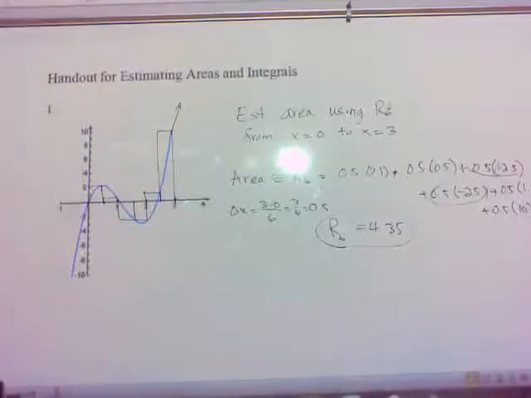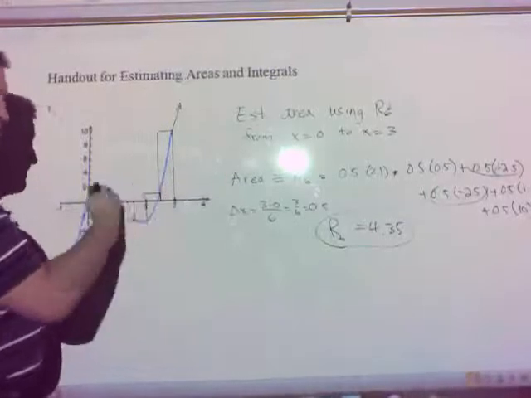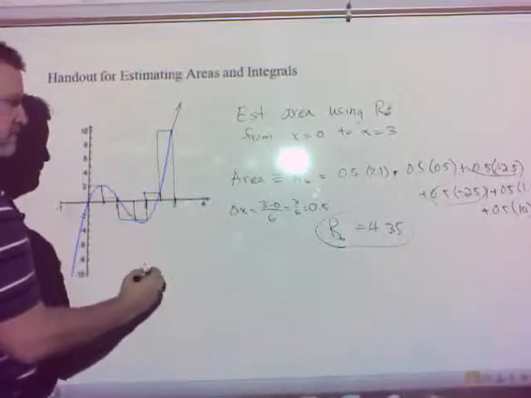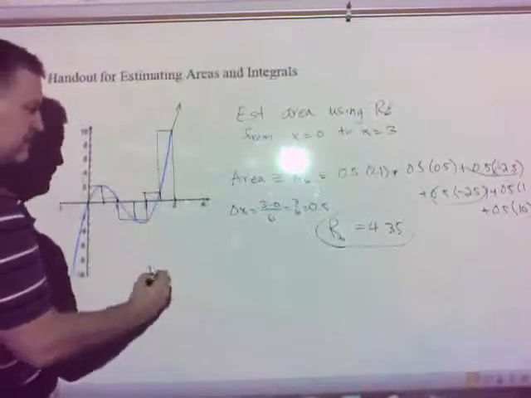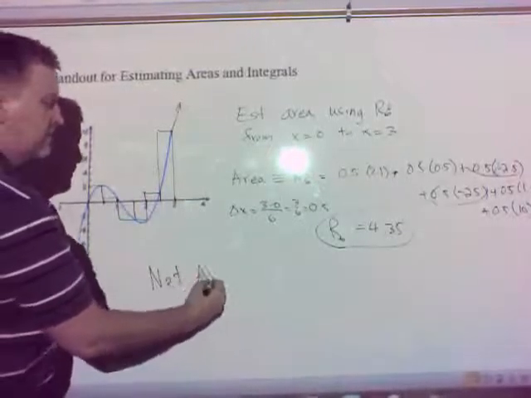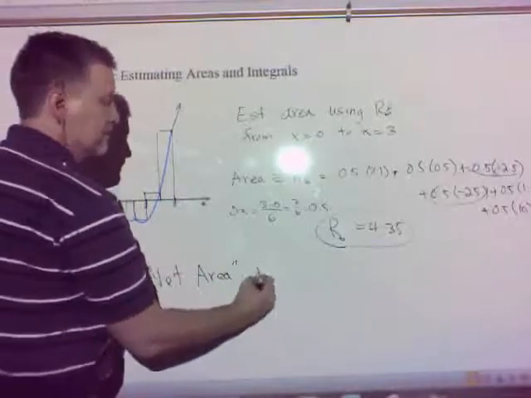So that's more accurate to describe when I'm using these rectangles with a curve, is to describe it not just as area, but think of it as net area under the curve. Net area between the curve and the x-axis.